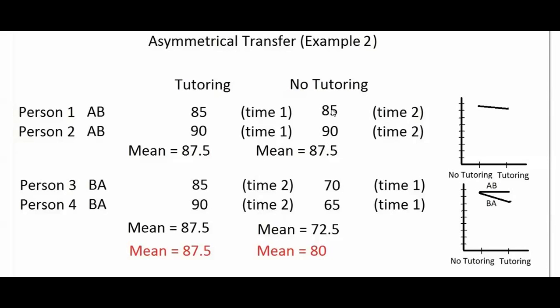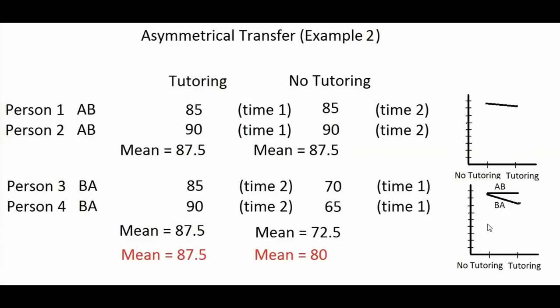Since these two exam scores are bringing up this average, the difference between these two means is shrunken down. It's actually common for asymmetrical transfer to shrink the difference between the means of the conditions.